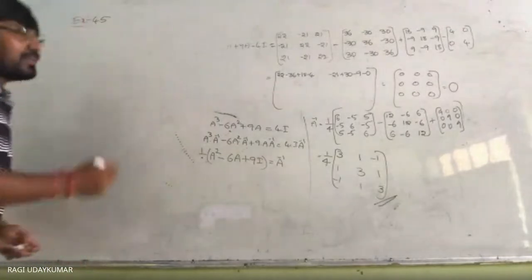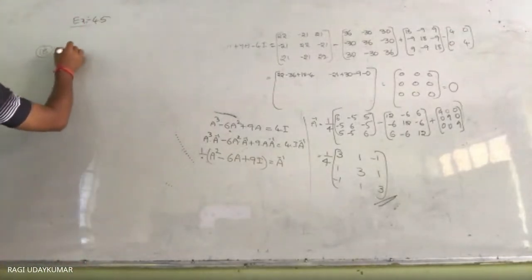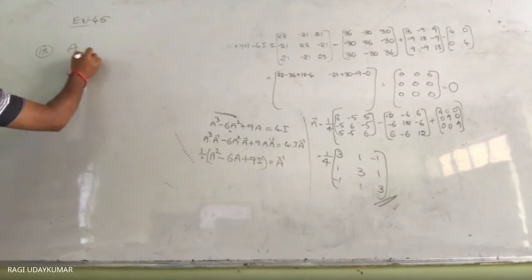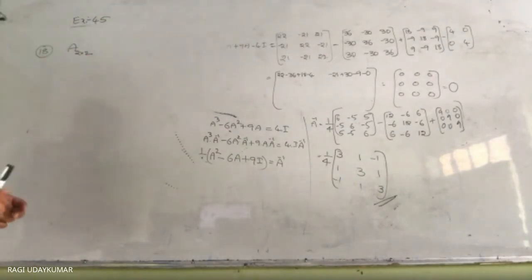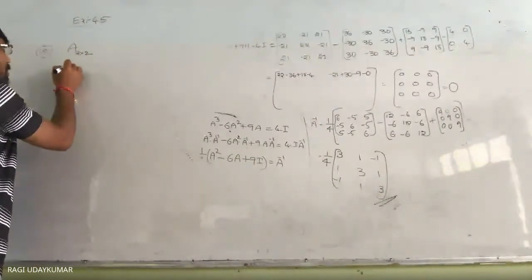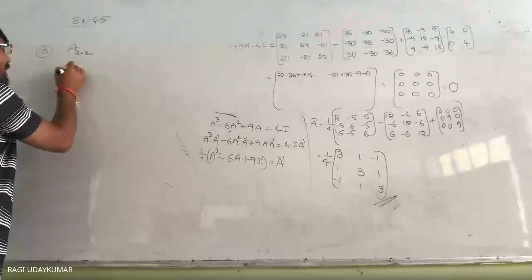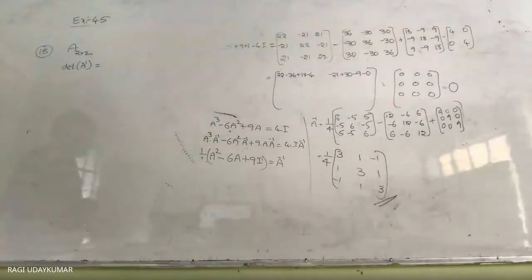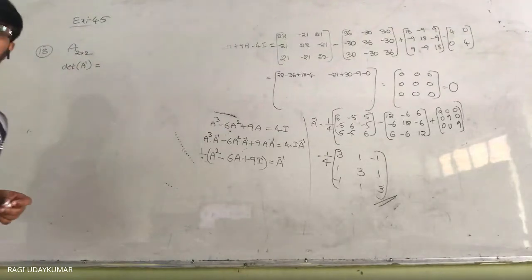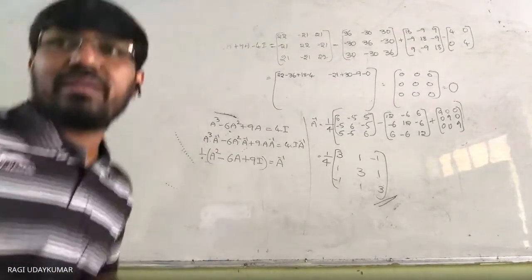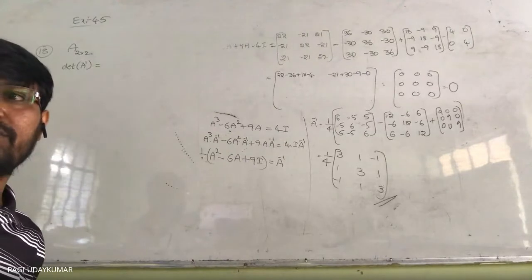A is a square matrix of order 2, and the question is asking the determinant of A inverse. Take 1 minute to think and try to give the answer.